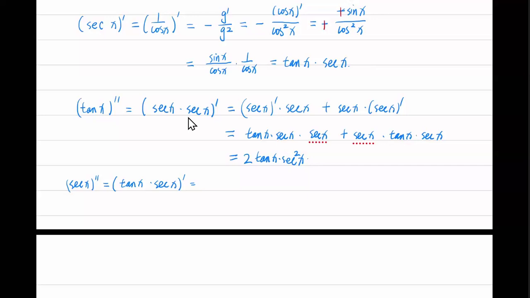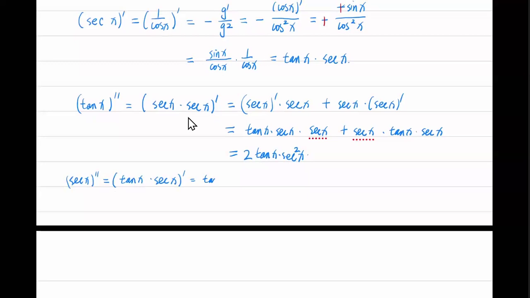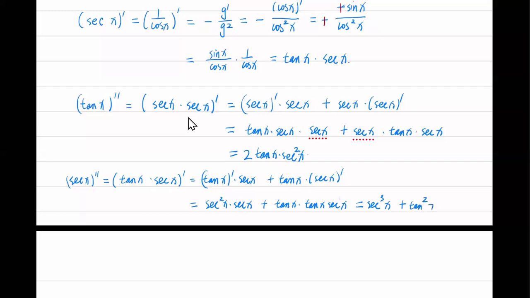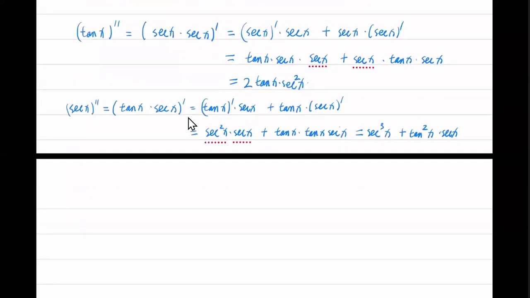So next time you see the product rule, make it more precise. So tangent secant square, secant tangent. So secant. Okay, so the second derivative.